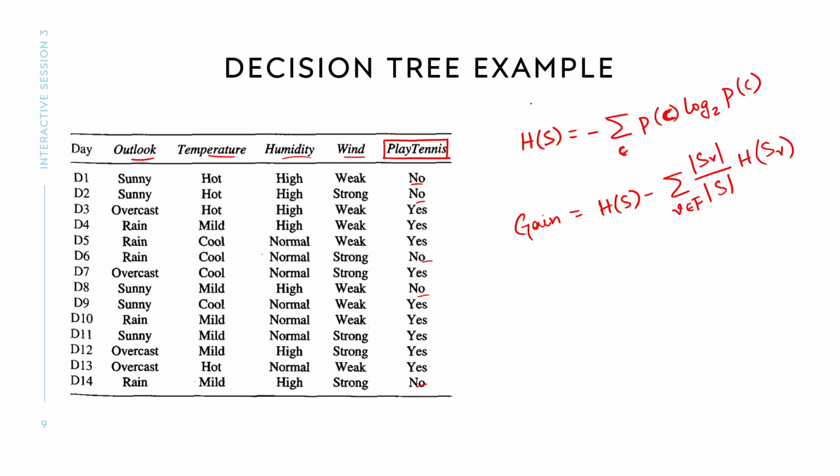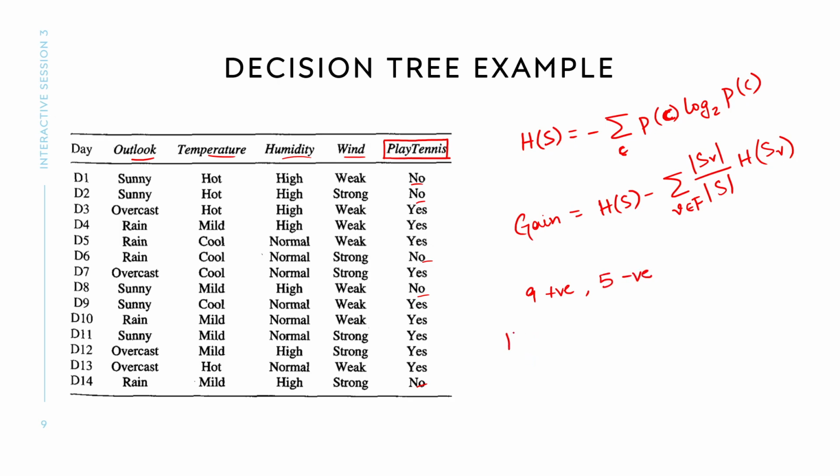Yeah, five negative examples, nine positive examples, right? So we'll calculate the gain. First, we'll calculate the entropy, right? So I have nine positive and five negative.